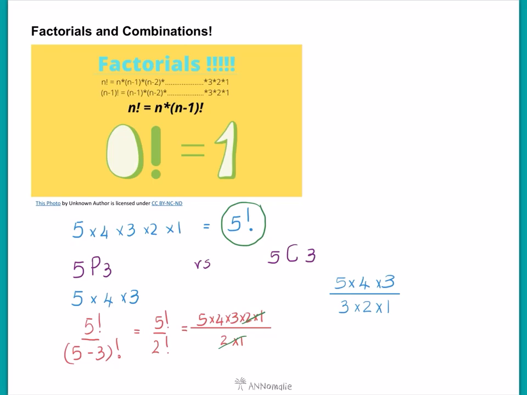So we write this as 5 factorial at the top, and then 5 minus 3 factorial, exactly the same thing as with permutations.